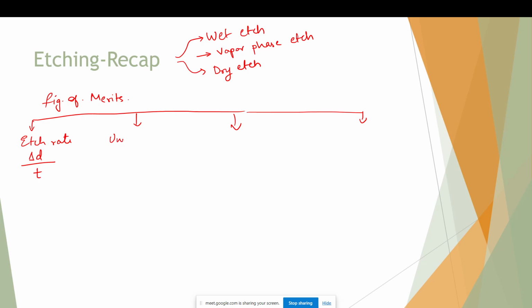Second is uniformity. Uniformity means how uniformly we are etching throughout the die, from die to die, and even from wafer to wafer. So uniformity can be affected by the variation in etch rate itself.